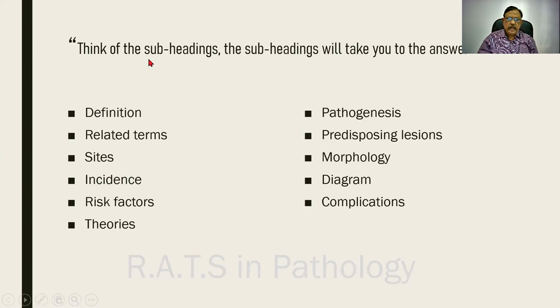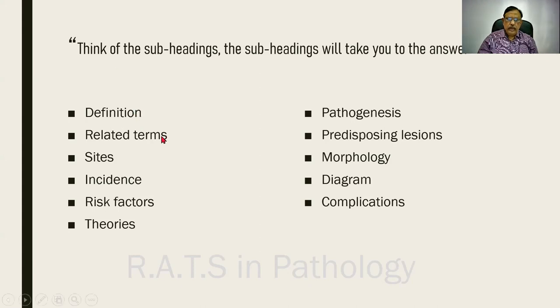Always, I emphasize something that I have learned from my teachers. Think of the subheadings. The subheadings will take you to the answer. And a topic such as atherosclerosis is vast. It is better that we do know the terms.